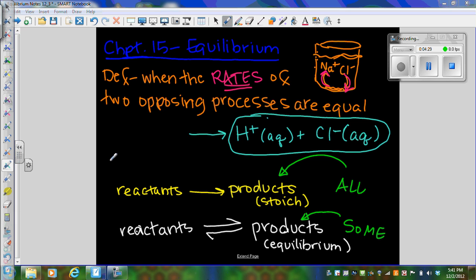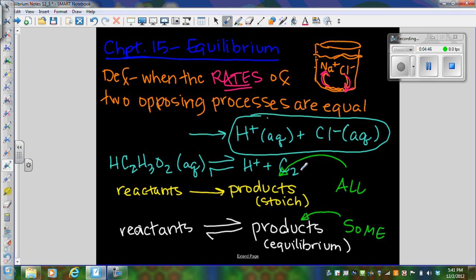Compare that to something like acetic acid, which we know is a weak acid. When you have a solution of acetic acid, you have some protons, you have some acetate ions, and then you have much more of your actual acetic acid molecule that remains. And so that's how the two differ from each other.